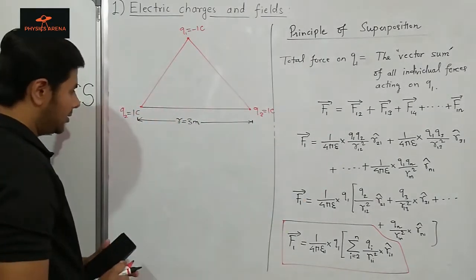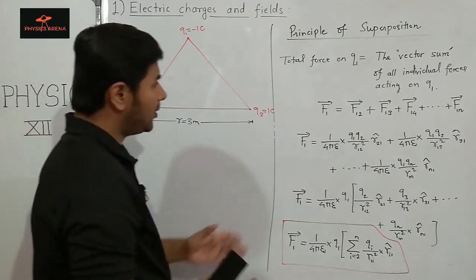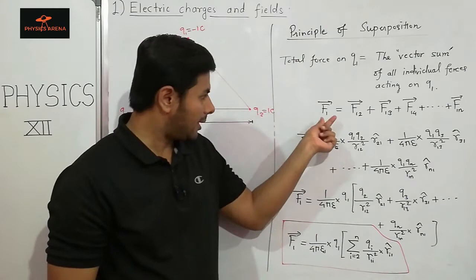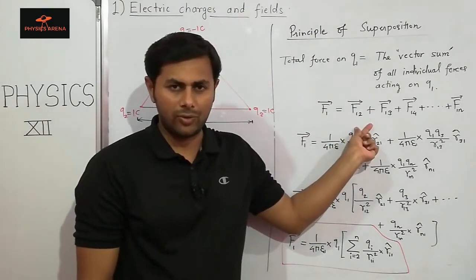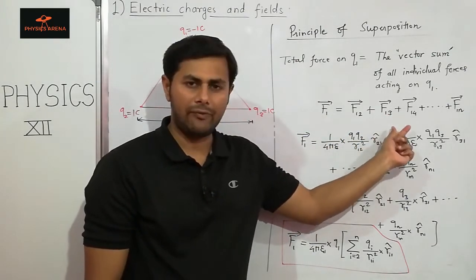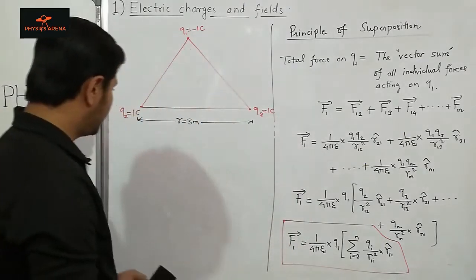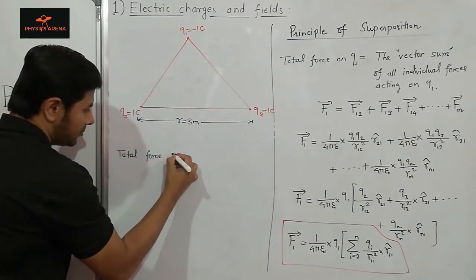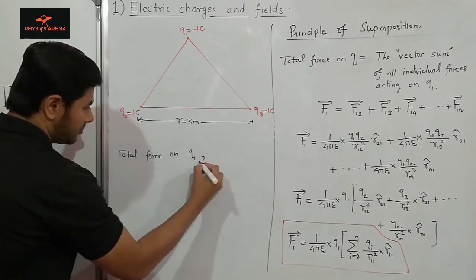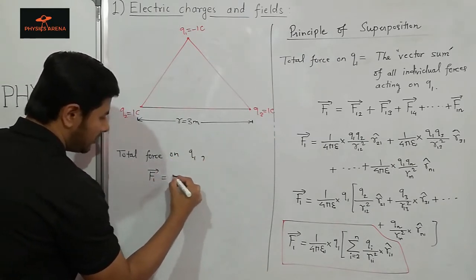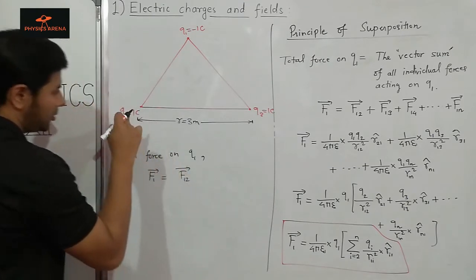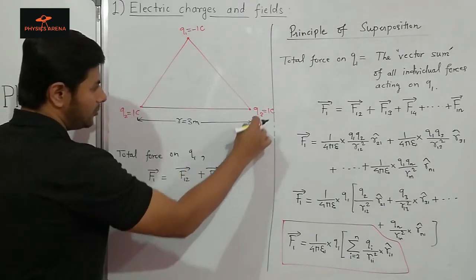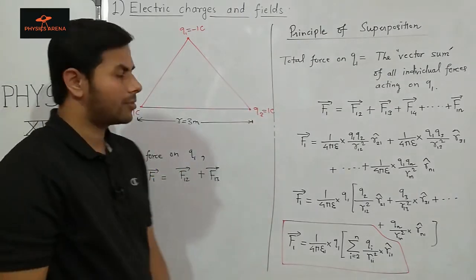Okay, so the superposition principle tells us that the total force F1 bar will be equal to F12 bar plus F13 bar. So the total force on Q1, F1 bar, equals F12 bar, force due to Q2, plus F13 bar, which is force due to Q3.